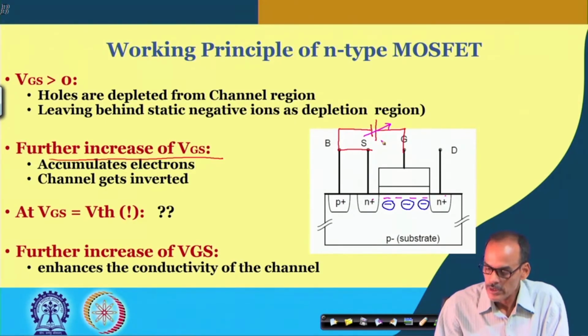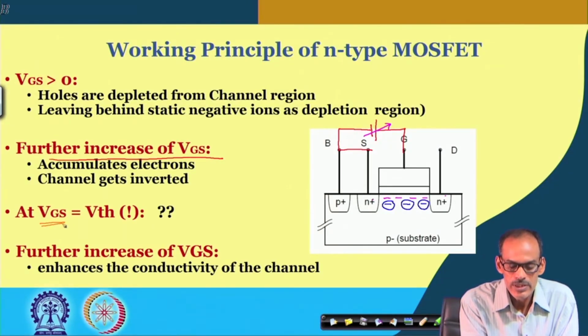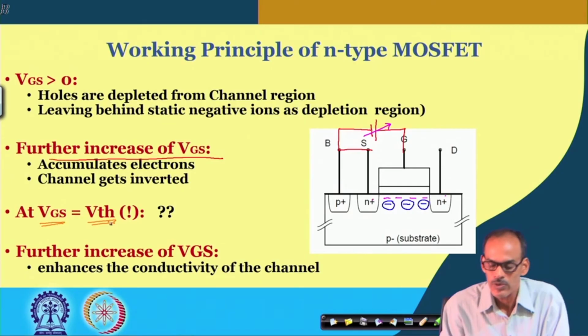Now, there is one important value of this VGS. Suppose this VGS reaches a critical value called VTH. We will see the meaning of this VTH, such that the electron concentration in the surface region is exactly equal to the hole concentration in the substrate.